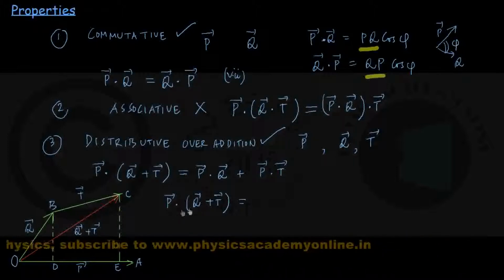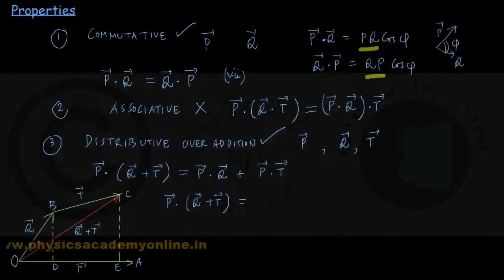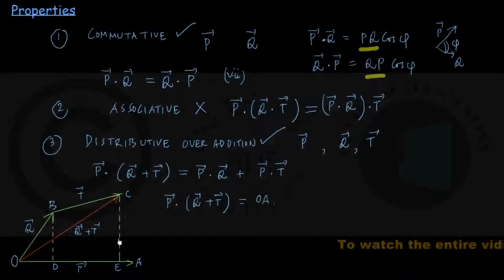So when I say P dot Q plus T, it means the magnitude of P, that is OA, into the magnitude of the projection, or rather the component of the vector q plus t along the vector p, that is coming out to be OE.